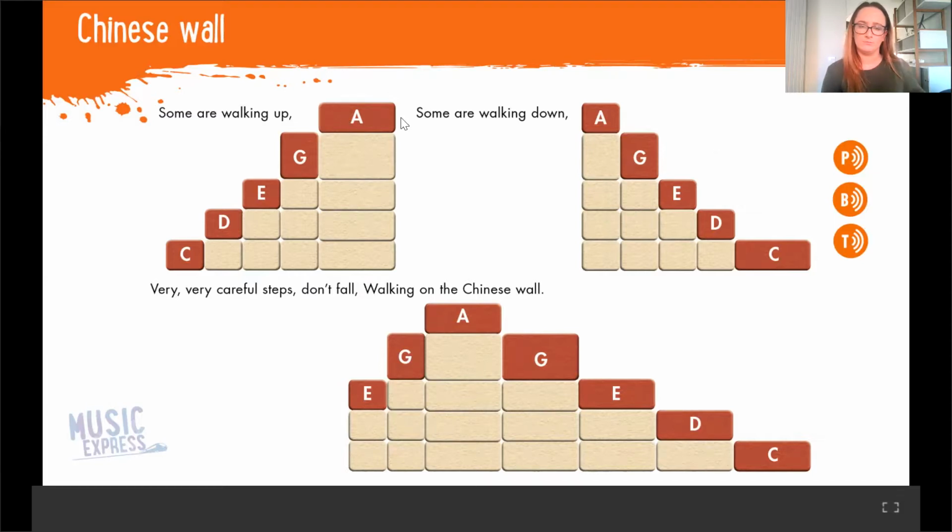Some are walking up, some are walking down. Very, very careful steps, don't fall. Walking on the Chinese wall.